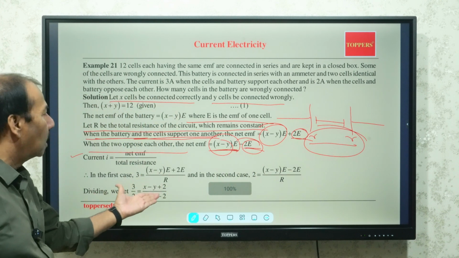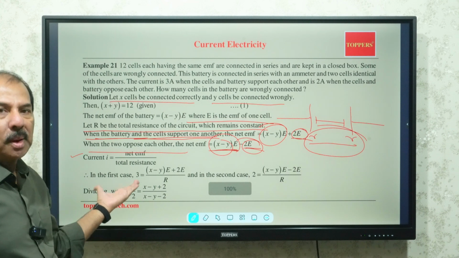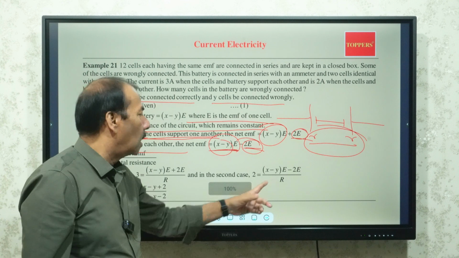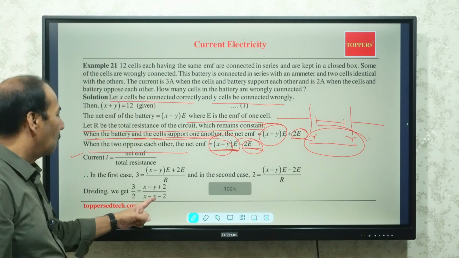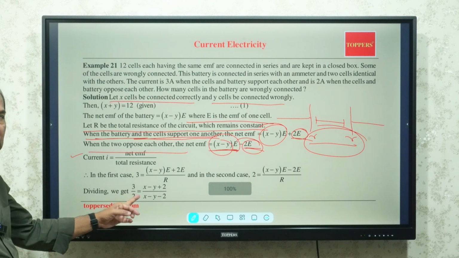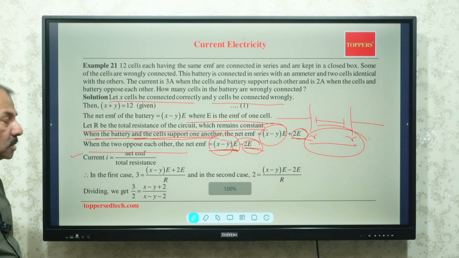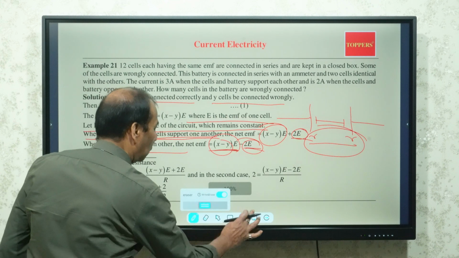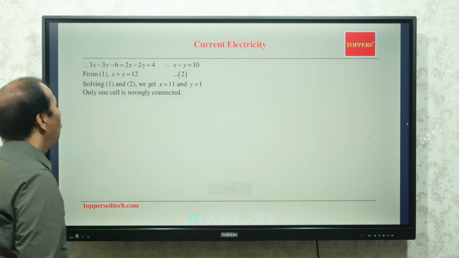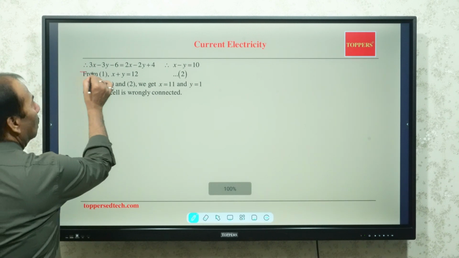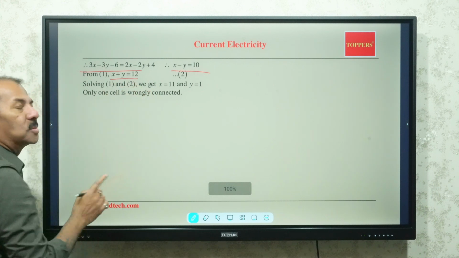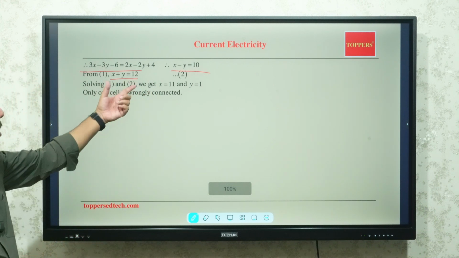Now simplifying these two equations, we will get whatever is desired. If you divide them, R and R will be eliminated, and we get this equation. Then cross multiply and simplify. After cross multiplication you get X minus Y is equal to 10, and X plus Y is 12, because this is the total number of cells.